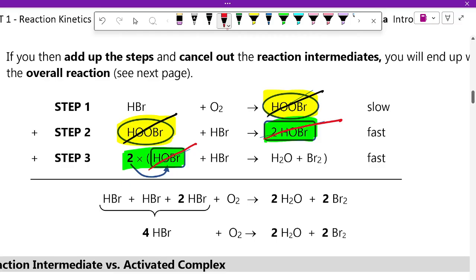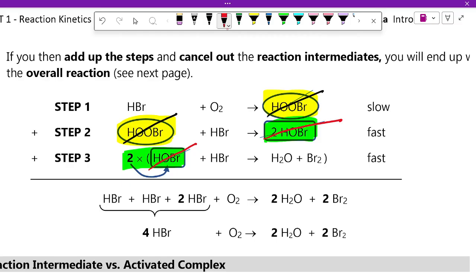And all we're left with is 4 HBr and O2 in the reactants, and then we have 2 waters and 2 bromine in the product.